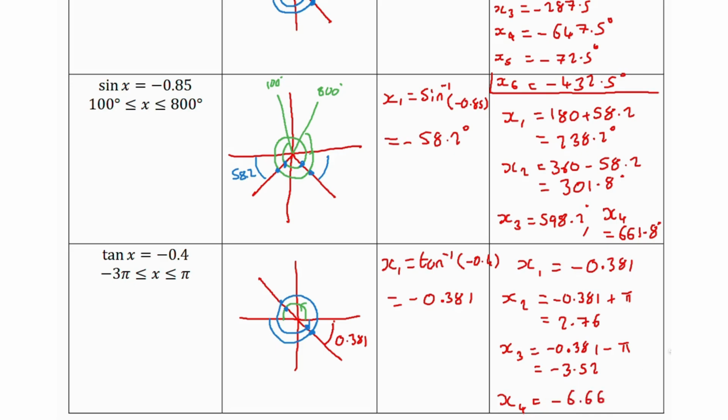It's not as immediately obvious if that is within our domain of minus 3 pi to pi, as it was with degrees. But because we used the unit circle to determine those were the 4 angles, we know that that is indeed going to be our fourth solution.